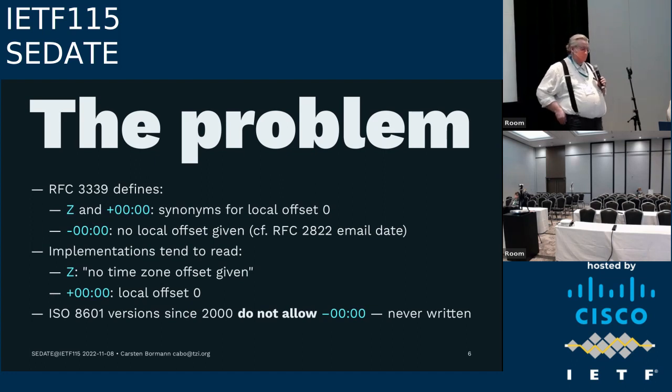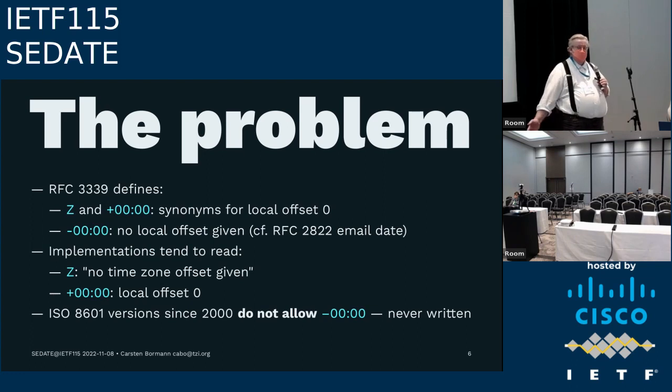So since people who write JavaScript implementations or other programming language implementations often look at ISO standards in parallel to the profiles we generate here, they decided not to write that number. So in practice, they wouldn't have a way to actually indicate no local offset being given.